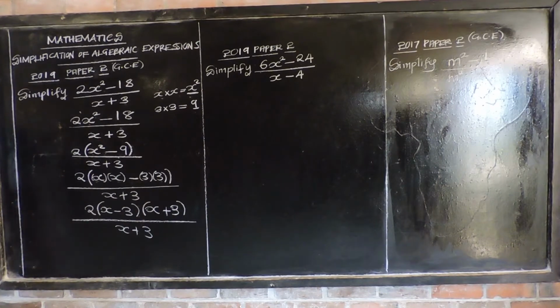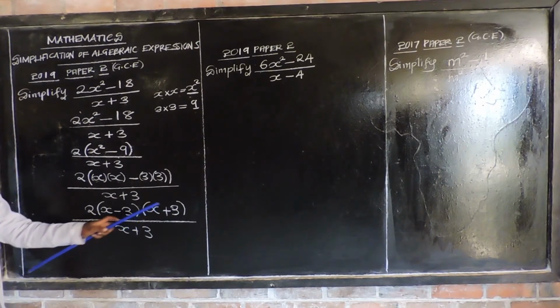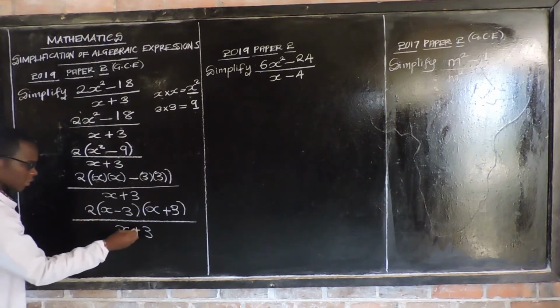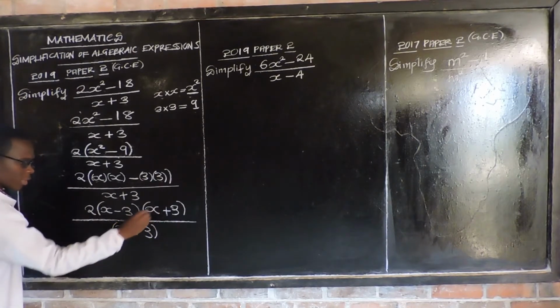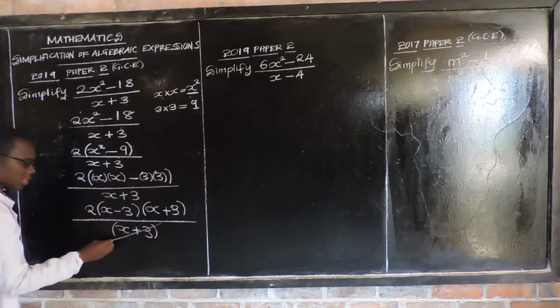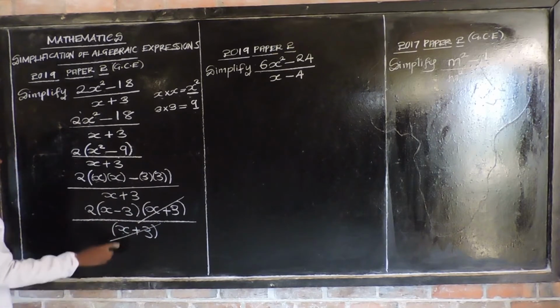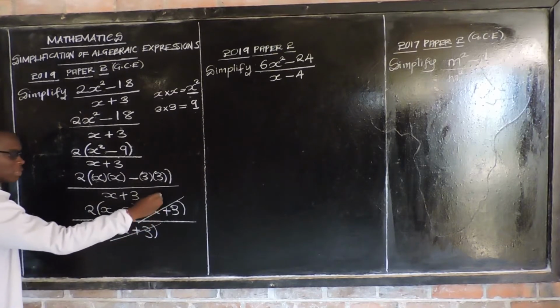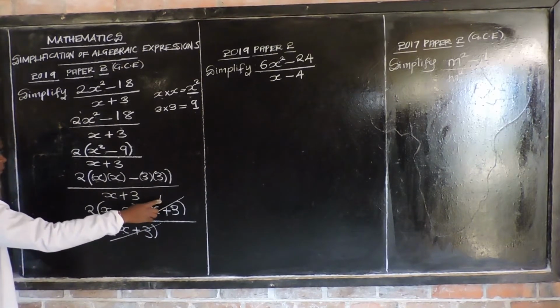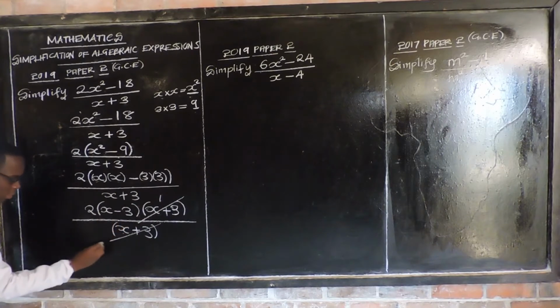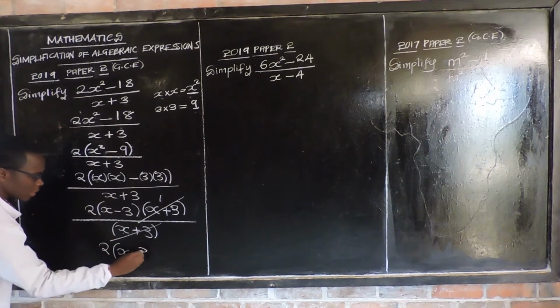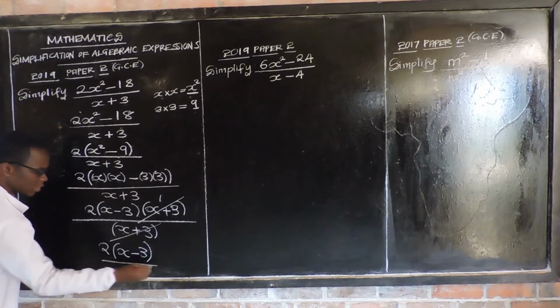You realize in this case, these two are the same. These two are common, so they are going to go. x plus 3 into x plus 3 is 1. 1 times this, you obtain 2, open brackets, x minus 3. This is our answer.